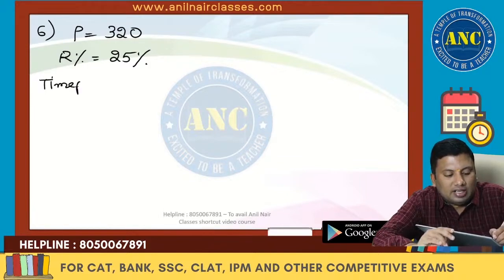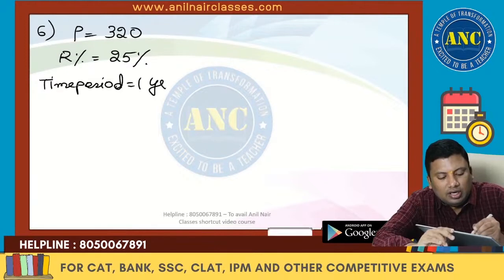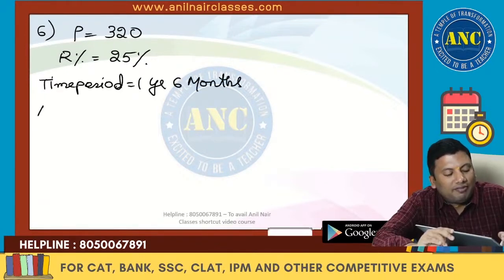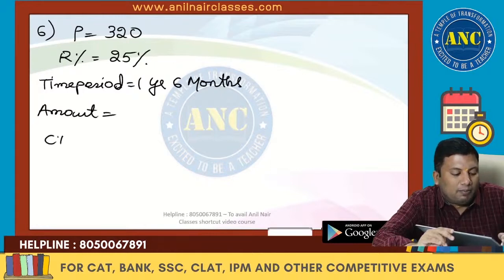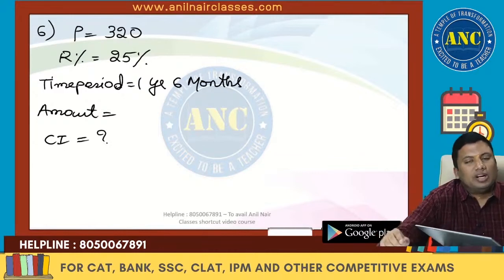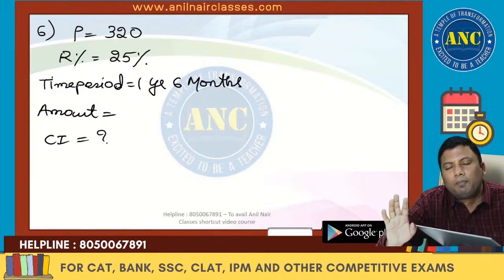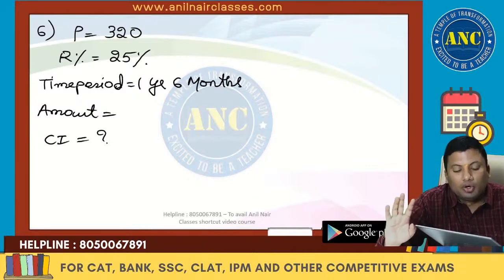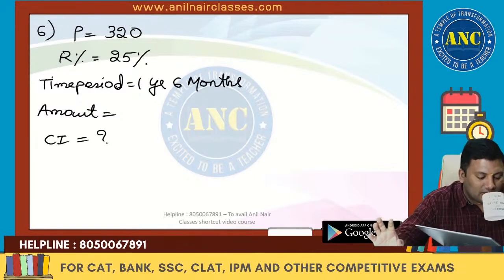Time period is nothing but 1 year 6 months. Find the final amount and find the final compound interest. Easy question, right? P is 320. There is no use of any P into 1 plus R percentage power N. You don't need to use it if you know the concept.